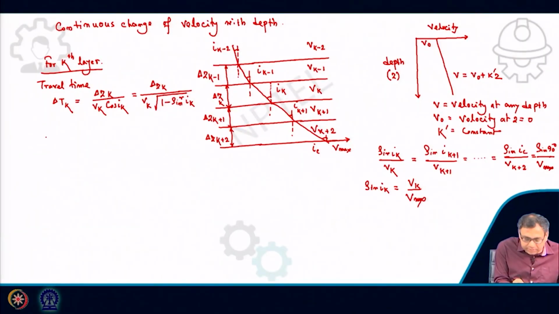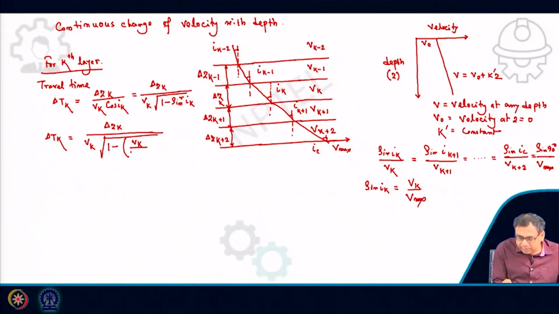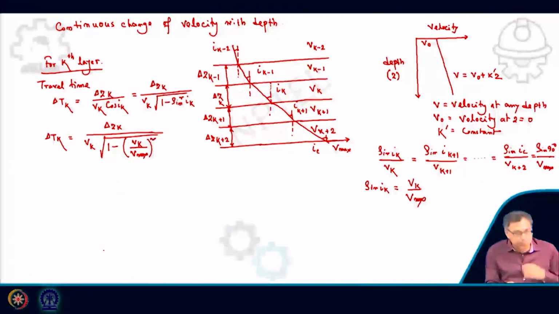So finally, this del Tk will be equal to del Zk divided by Vk root over 1 minus Vk by Vmax whole square.